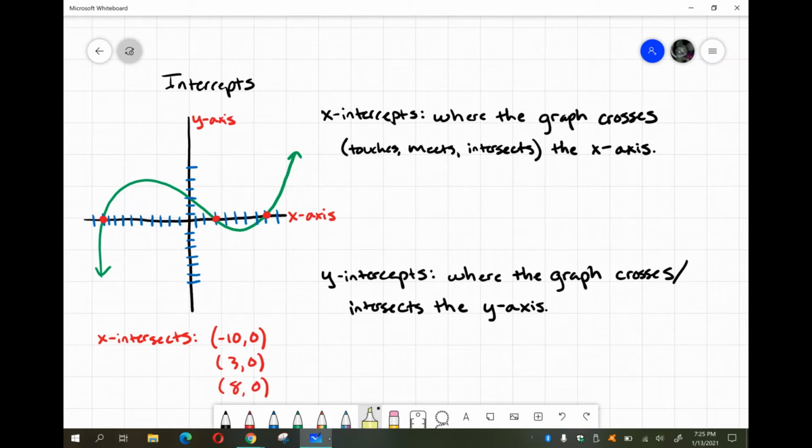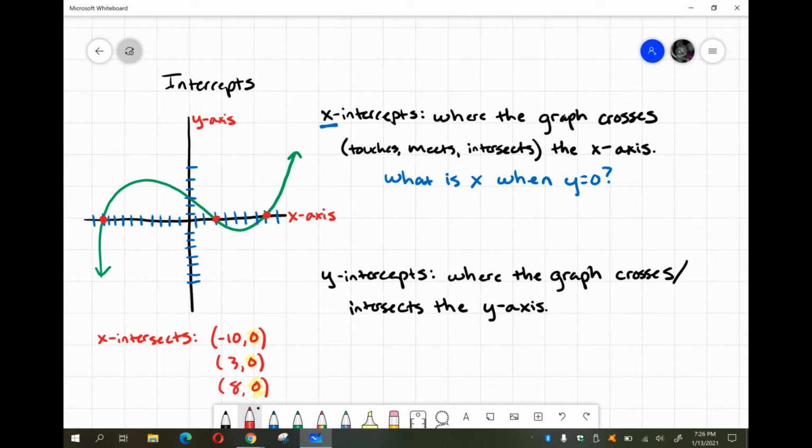You may be noticing that in each case, the y is a 0, and that's because we are on the x-axis. So when you're thinking of x-intercepts, you may want to think, what is the x when y is 0?